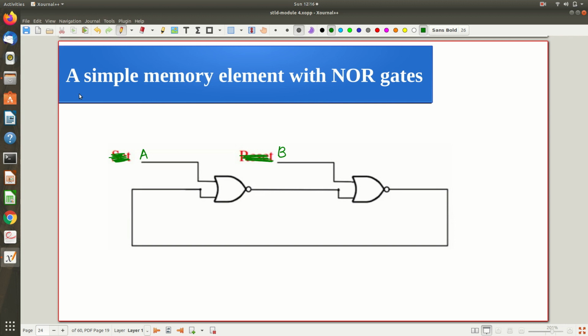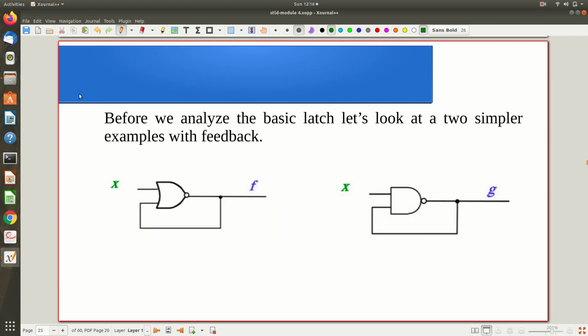But before analyzing it, to make this analysis simpler, let me take a slightly different example involving just a single NOR gate or NAND gate, and we will see how it works, and then we will generalize here. So the circuit is something like this. Before we analyze the basic latch, why is it called a latch?